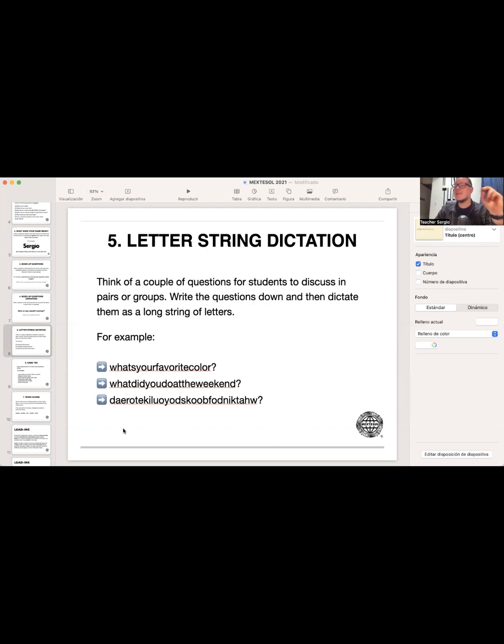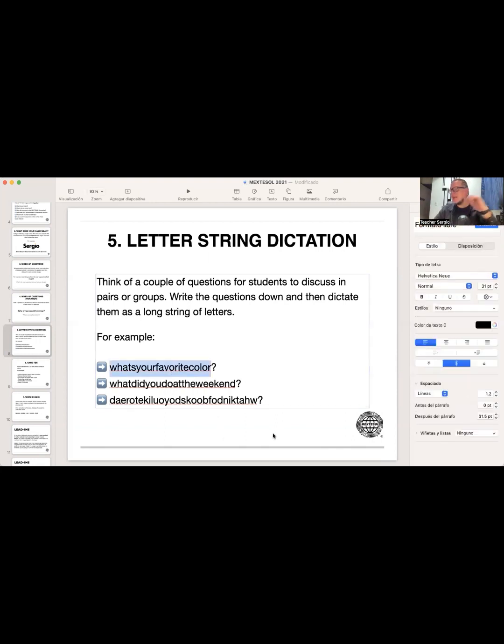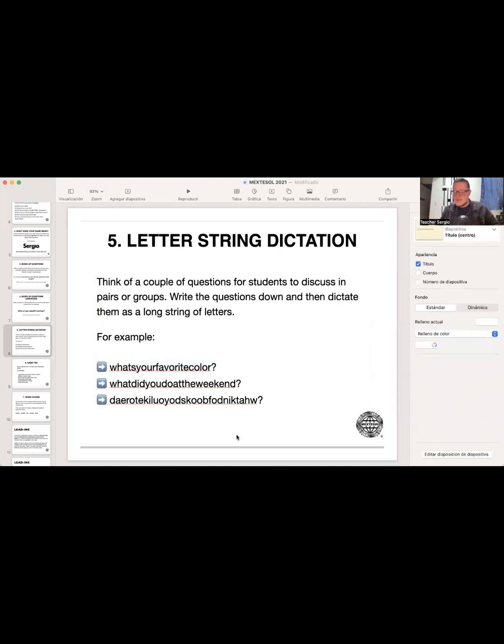You're going to dictate them with no spaces, and you will dictate them as a long string of letters, as in W-H-A-T-S-Y-O-U-R-F-A-V-O-R-I-T-E-C-O-L-O-R.